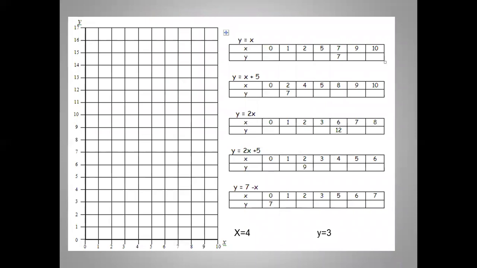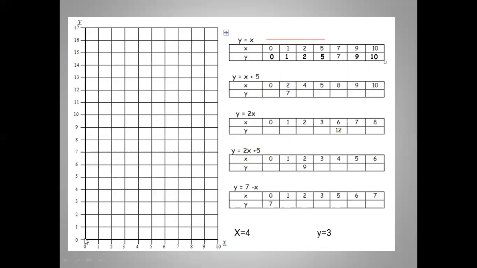Okay, let's see this example. y equals x. When y equals x, which means that when x equals 0, y also equals 0. When x equals 1, y equals 1, and so on. When x equals 2, y equals 2. Let's plot the points.